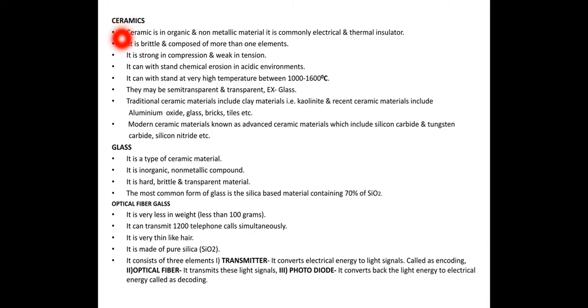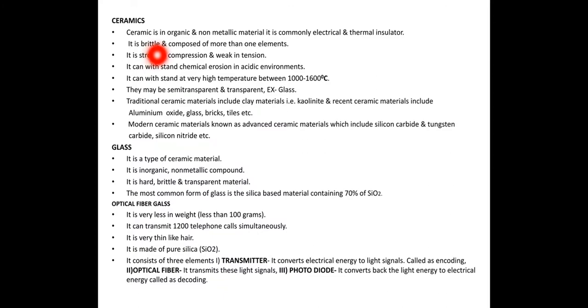Then we'll discuss ceramics. It is one type of material. It is very simple. Basically, it is an inorganic and non-metallic material. Non-metallic material means what? They do not contain iron. They are electrical and thermal insulators, meaning they are not good conductors of heat and electricity.